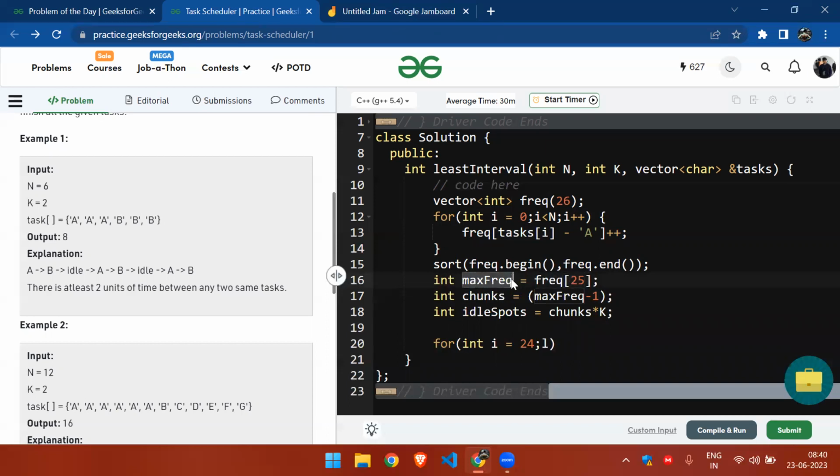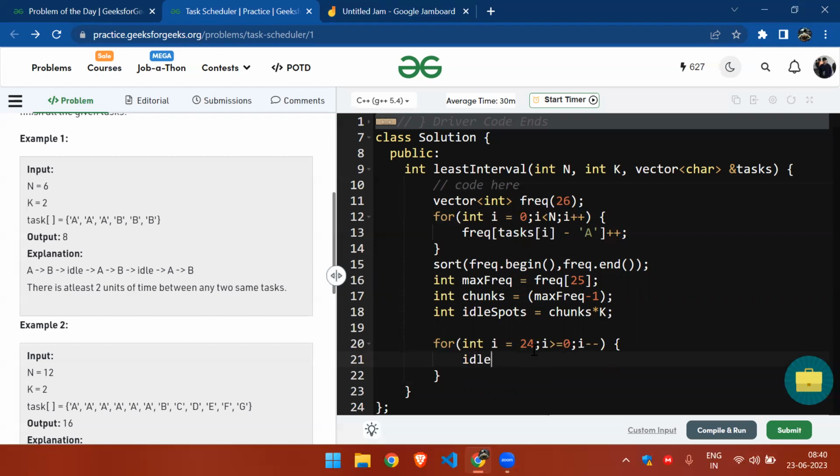So we are already using it, right? For different tasks, we can iterate from the 24th one, not from the 25th. I greater than or equal to 0, I minus minus.